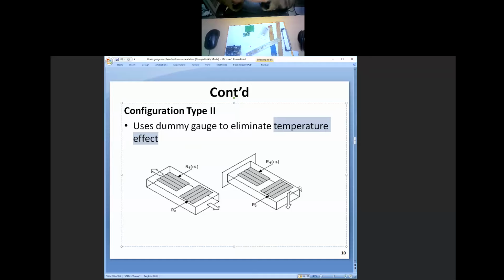The original resistance is 120 ohm, but maybe I'm doing an experiment in Nagpur. Nagpur is a very hot place. So what will happen to your resistance? Its resistance is already high. So to eliminate those effects, we also put something called a dummy gauge. It does not take part in your measurement, but it only eliminates the temperature effects.